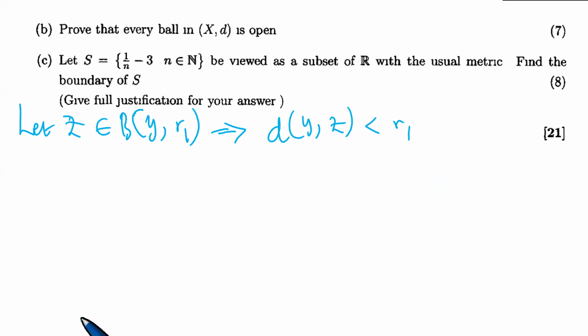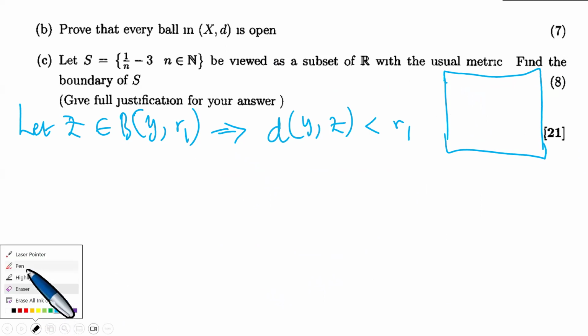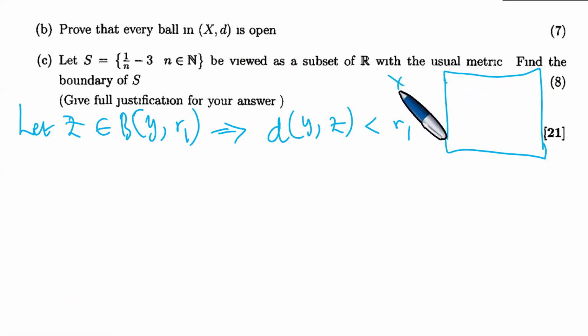It's a chain of events, so you need to have a picture to discuss these kinds of things. To understand this, we discuss a space like this. We call this the metric space (X, d), and we want to show that every open ball in (X, d) is open. So this is the metric space. We can make it rectangular, it doesn't matter, it's just a set.